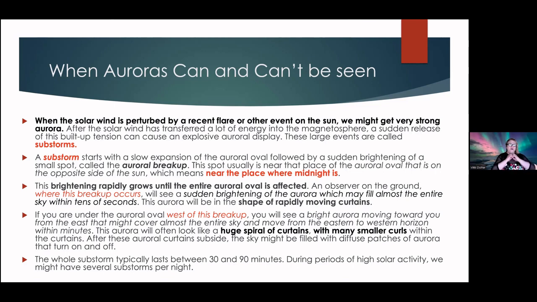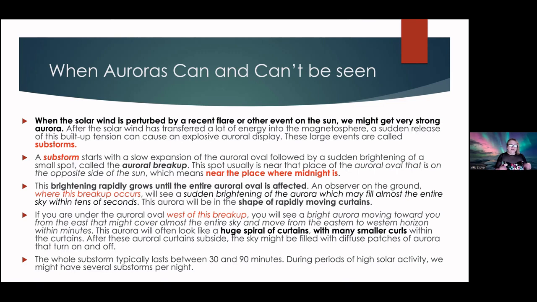So the auroral breakup occurs around midnight, and the brightening rapidly grows until the entire auroral oval is affected. An observer on the ground where this breakup occurs, you can see the aurora in other places as well, but where this breakup occurs, you see a sudden brightening of the aurora, which fills almost the entire sky within seconds. And then after that, the aurora will be in the shape of rapidly moving curtains.